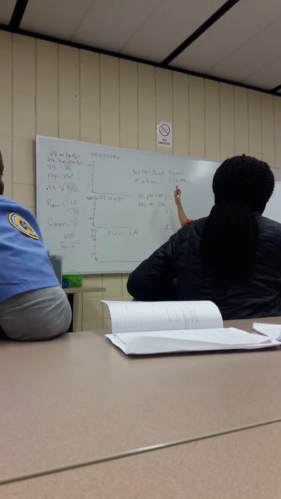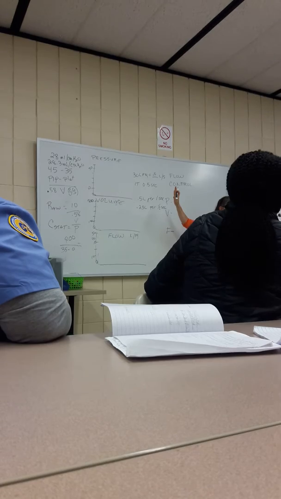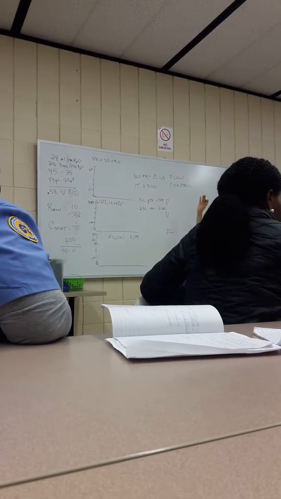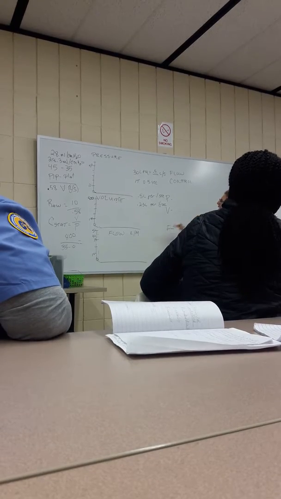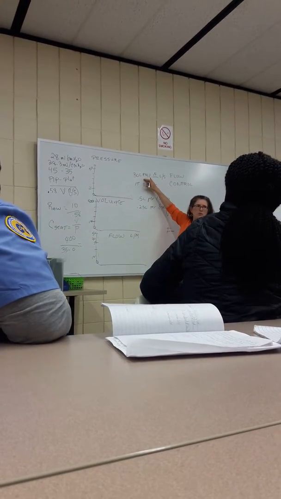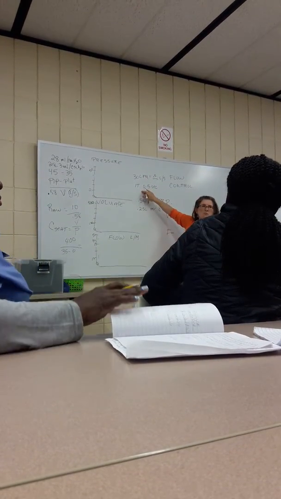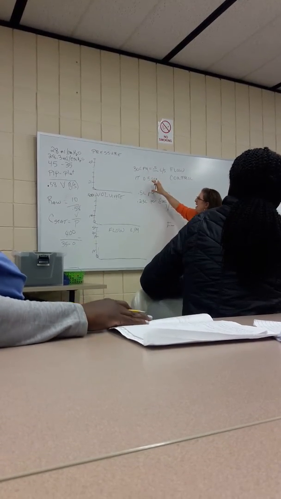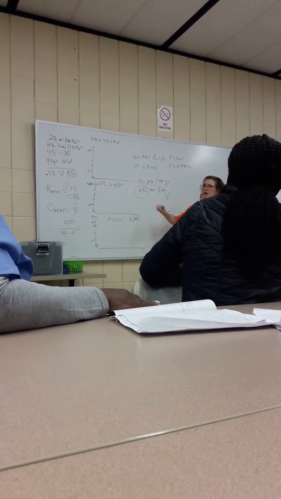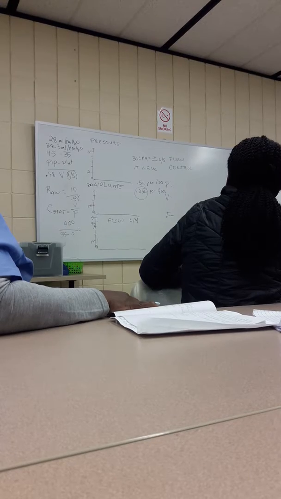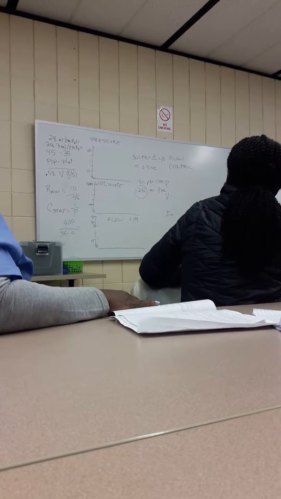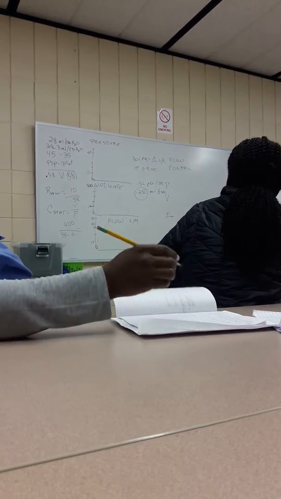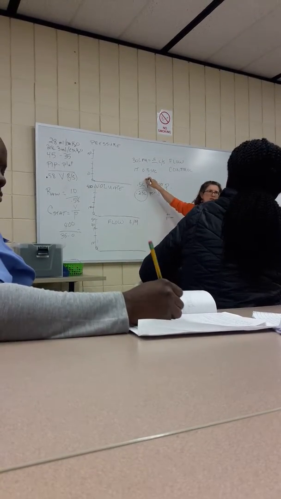I wanna explain the flow controlled thing. In flow controlled ventilation, you set a base flow and an inspiratory time, and depending on that it will give you your volume. The flow is constant.